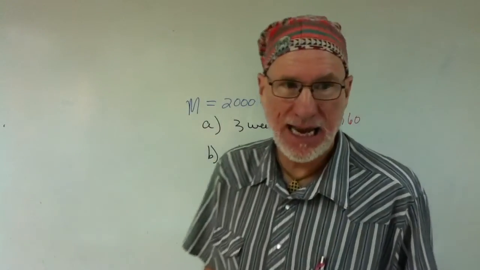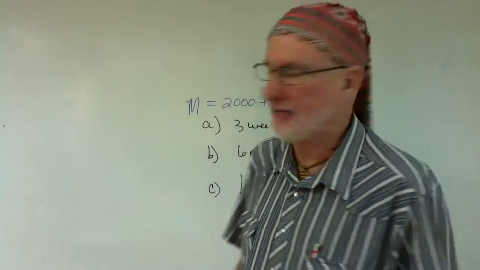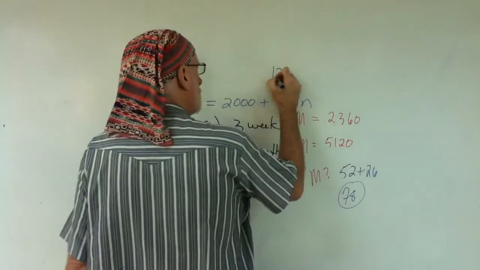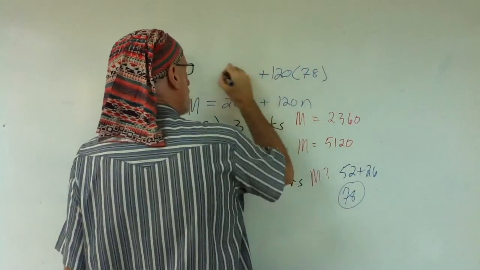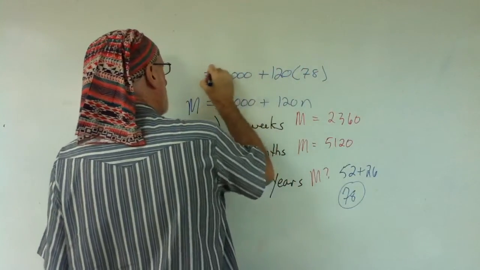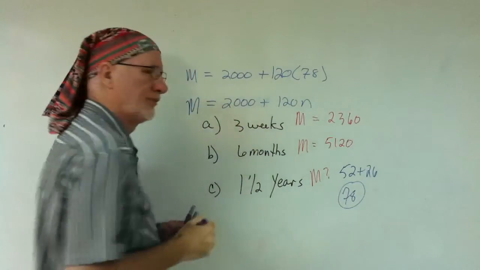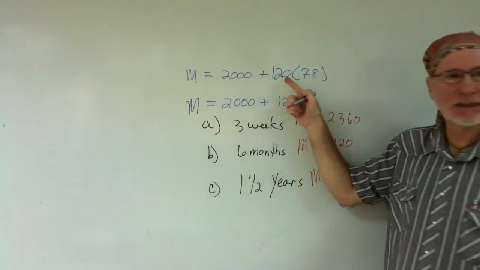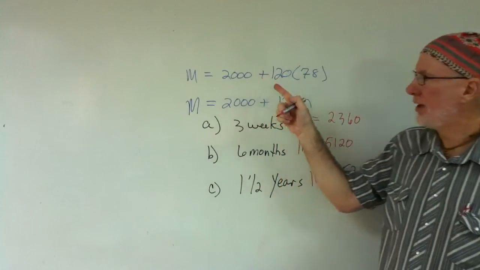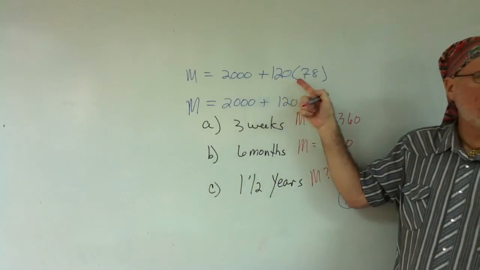In 78 weeks, how much did she save? So 120 times 78 plus 2,000 equals M.